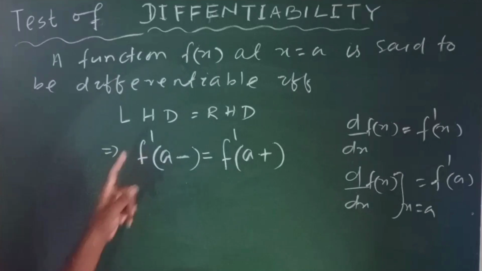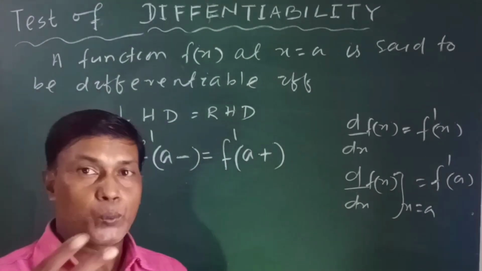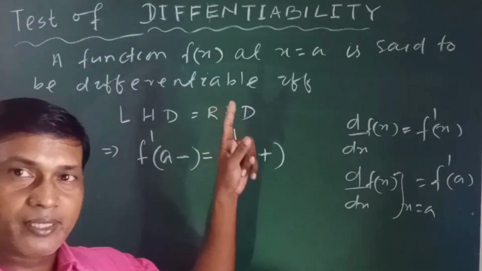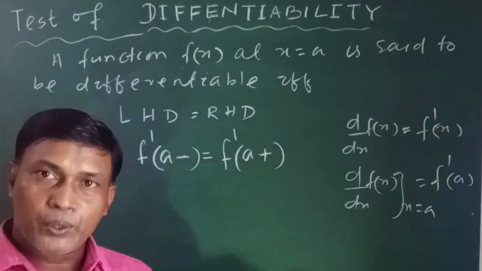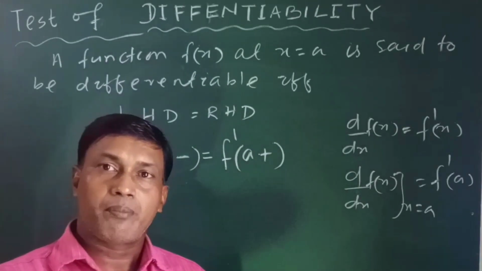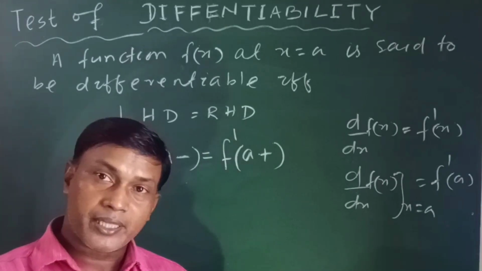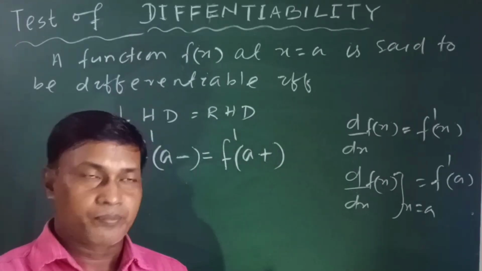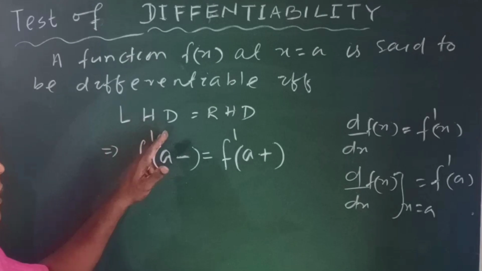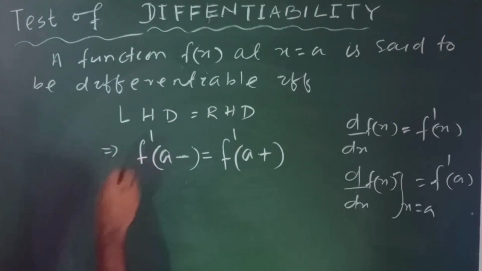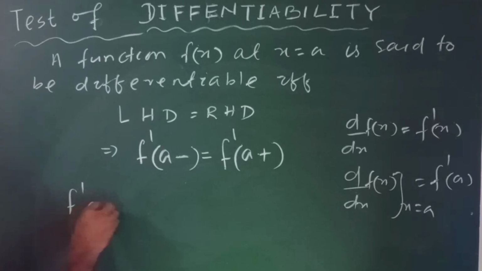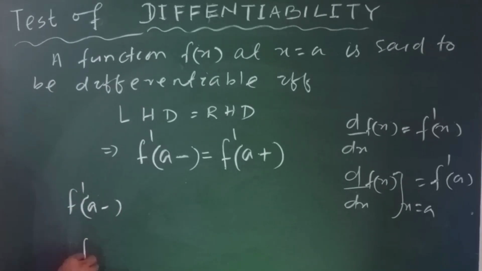So differentiability of a function can be tested in two ways. In the first case, either find f dash a, limit h tends to 0, f of x minus f of c by x minus c. If the limit exists, then it is differentiable, or check that the left hand derivative is equal to the right hand derivative.